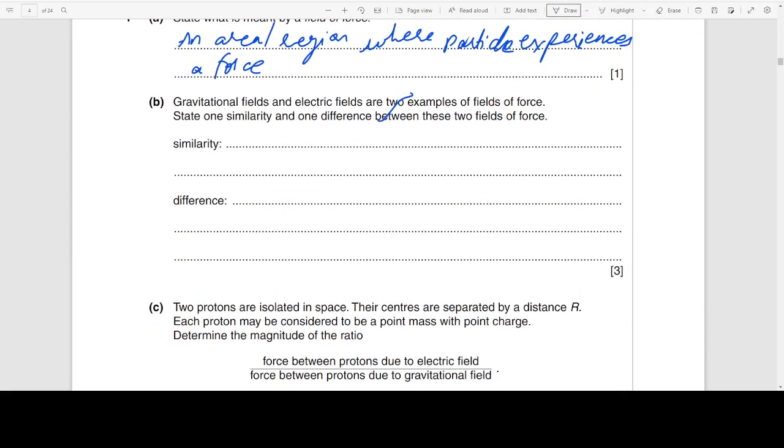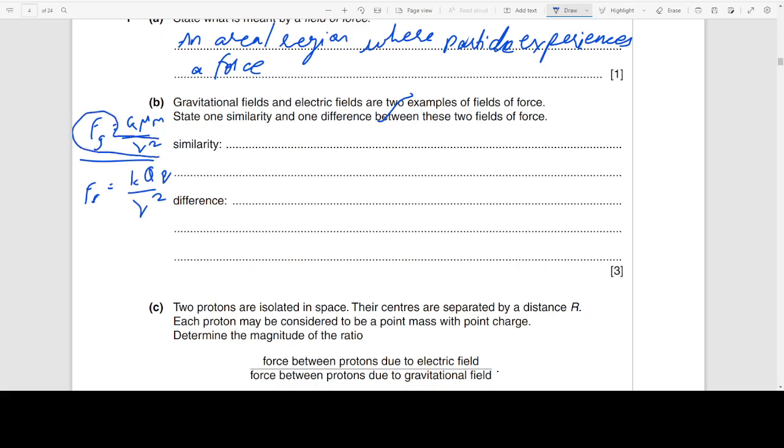Gravitational fields and electric fields are two examples of field of forces. State one similarity and one difference between these two fields of force. So you all know the formula for gravitational and electric fields, right? Fg, which is gravitational force, is GMm upon r square, and electric force is kQq over r square. As for similarity, can you see this, guys?